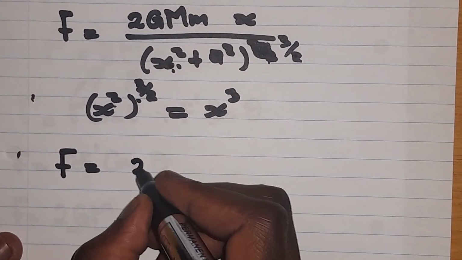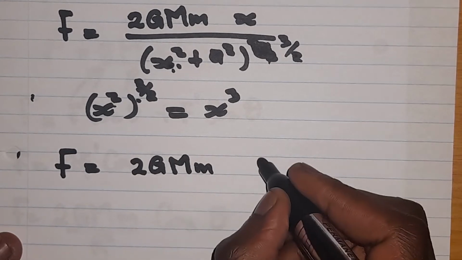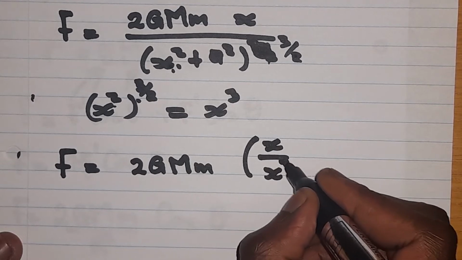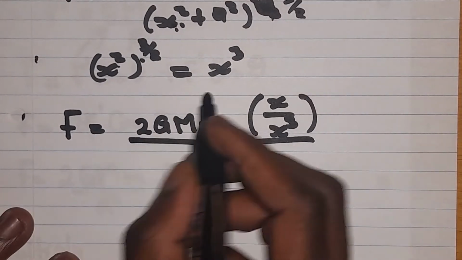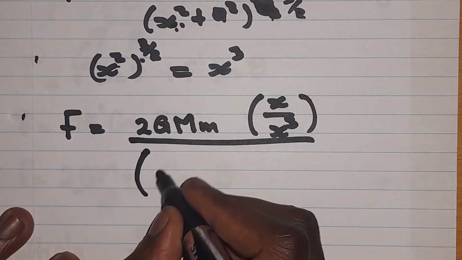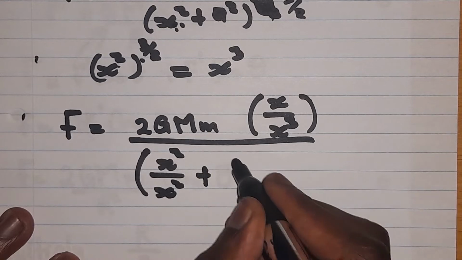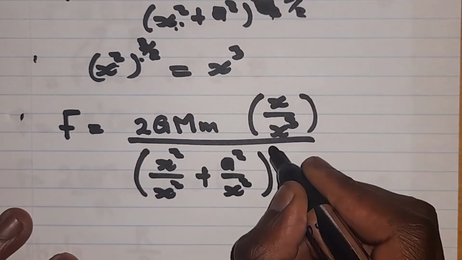So what we are going to do, we'll say F is equal to 2 G M m, in brackets, x all over x cubed, all over, we have x squared all over x squared plus a squared all over x squared, all to the power 3 over 2.